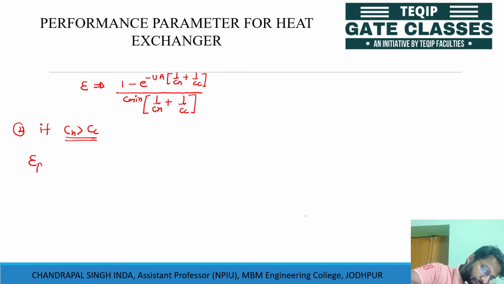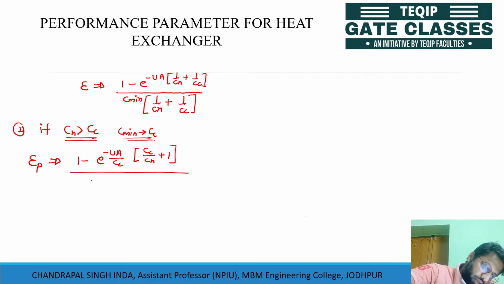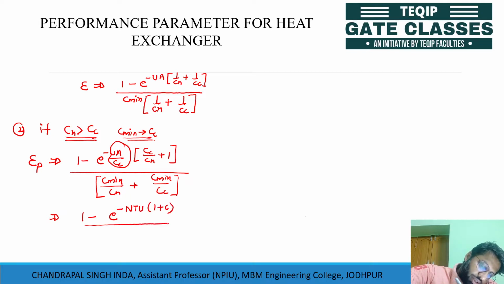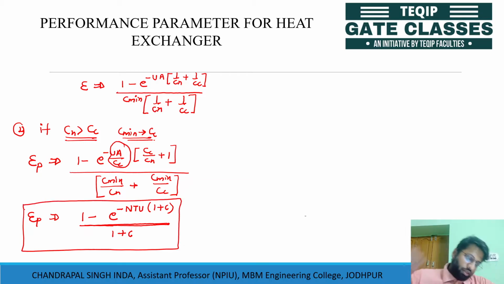In that case, the effectiveness of the parallel flow heat exchanger, EP, will be equal to 1 minus e to the power minus UA (Cc by Ch plus 1), divided by C minimum by Ch plus C minimum by Cc, where C minimum is Cc. Here 1 minus e to the power minus this term, where NTU is the ratio UA divided by C minimum, gives e to the power minus NTU (1 plus C) divided by 1 plus C, where C is the capacity ratio, for the parallel flow heat exchanger when Cc is minimum.